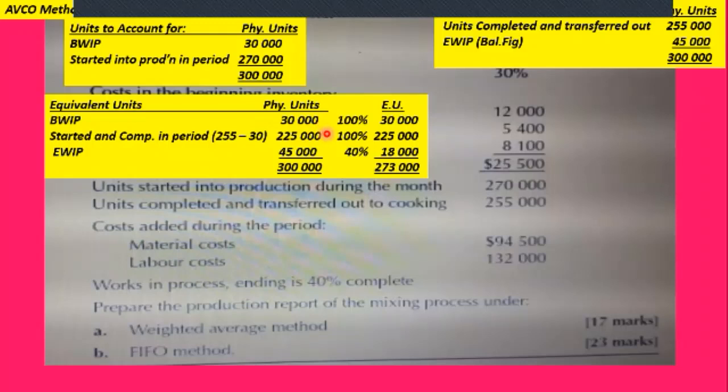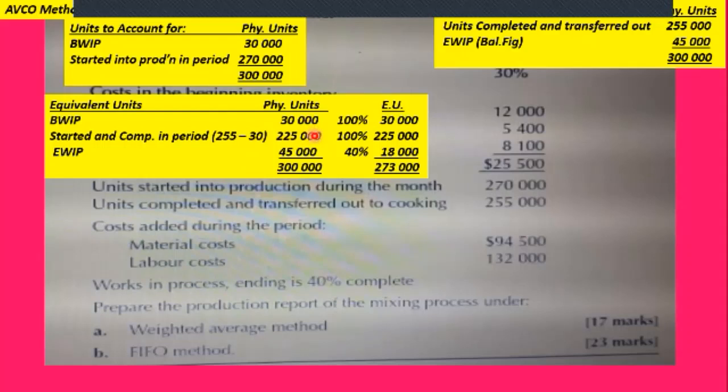Notice both of these are 100% because this opening working process at the beginning of the period would have been completed sometime during the period and included in this 255 here that was completed and transferred out. So if you minus it out here and then add the 225, you're not going to be any different from just lumping these two together.